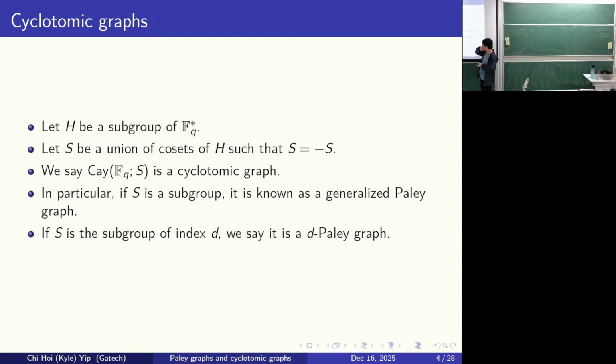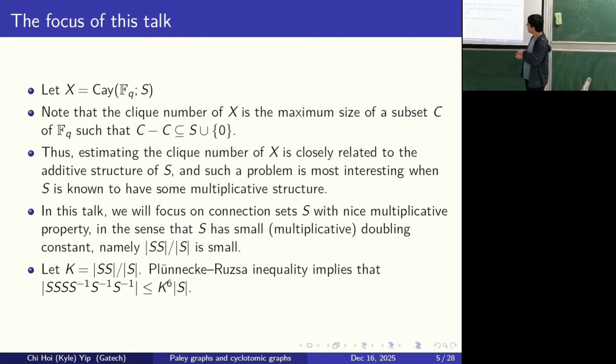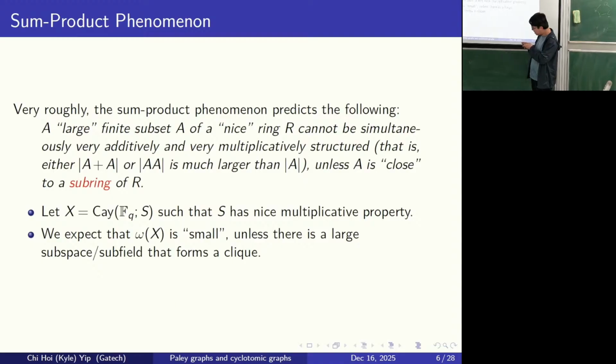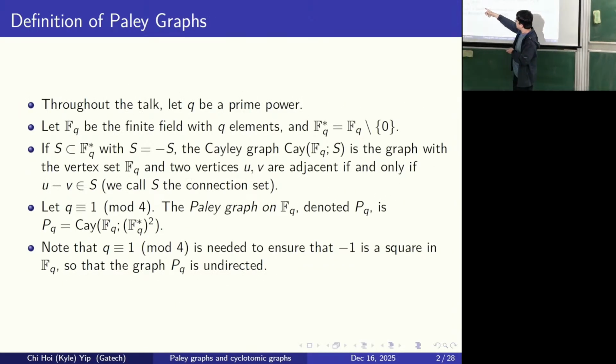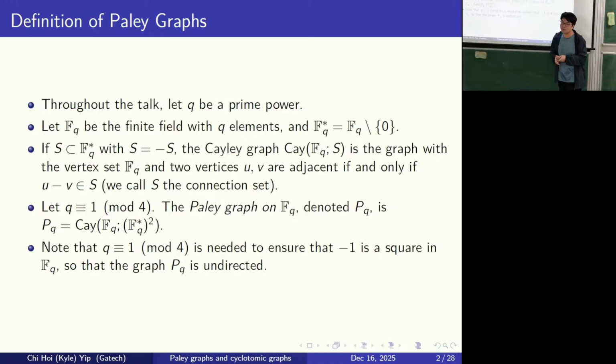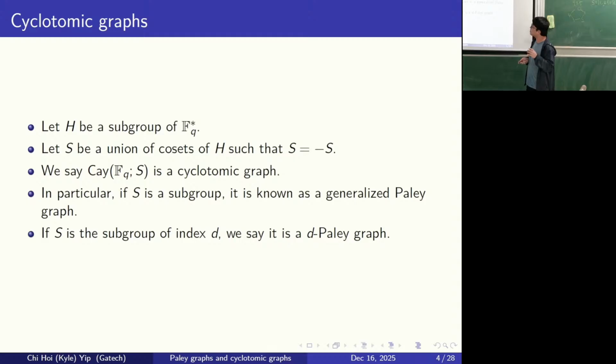We'll also talk about cyclotomic graphs, which are a generalization of Paley graphs. For Paley graphs, the important thing is that the connection set is the set of squares, which is actually a subgroup of index 2. So we can replace this subgroup of index 2 by an arbitrary subgroup.